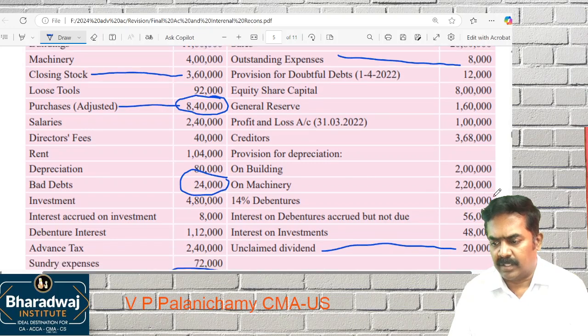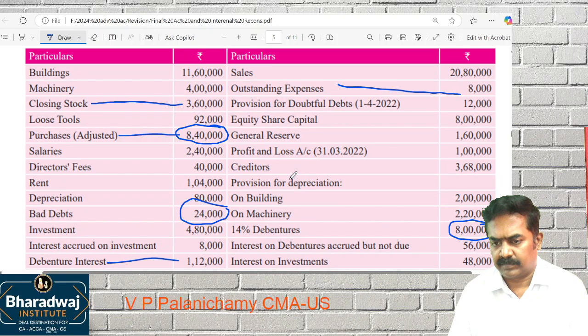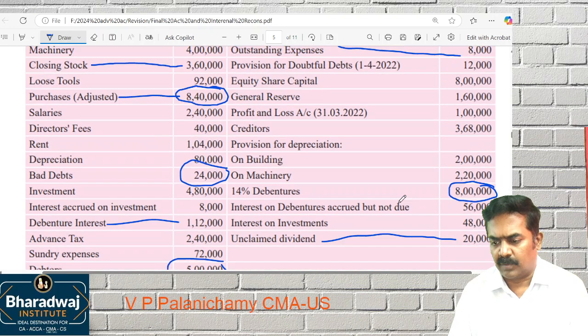Interest, any doubt in it? 8 lakh into 14%. In that, there is an outstanding interest given, 56,000 given in the trial balance itself.